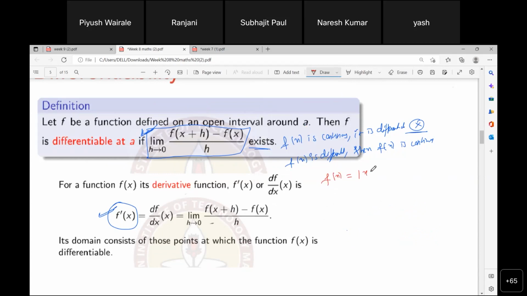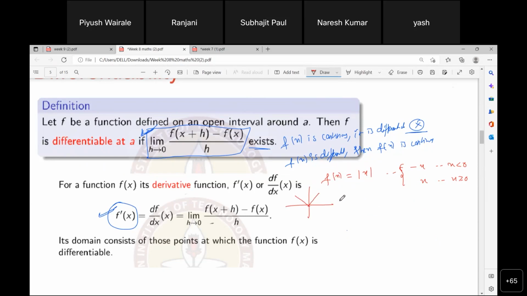So if I say mod of x, it will be equal to minus x if x is less than 0, and x if x is greater than or equal to 0. Now if I graph this particular mod of x like this, this function is continuous at x equal to 0.